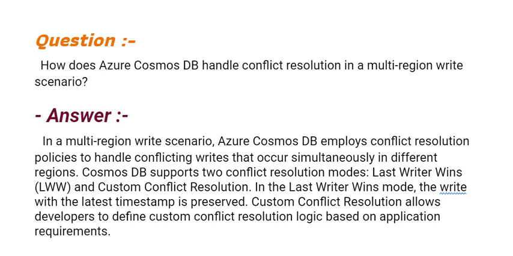Cosmos DB supports two conflict resolution modes: last writer wins (LWW) and custom conflict resolution. In last writer wins mode, the write with the latest timestamp is preserved. Custom conflict resolution allows developers to define custom conflict resolution logic based on application requirements.